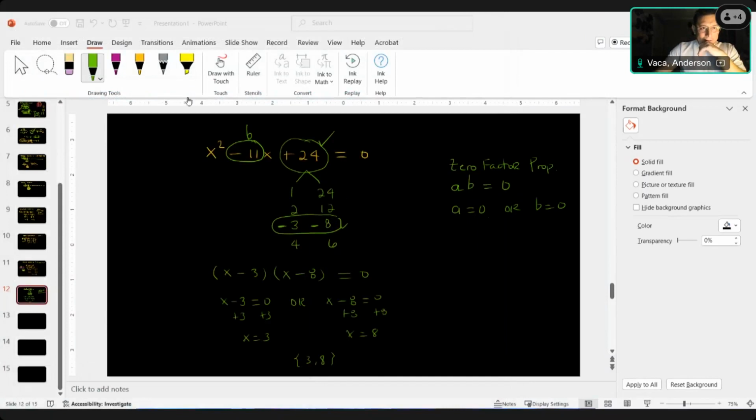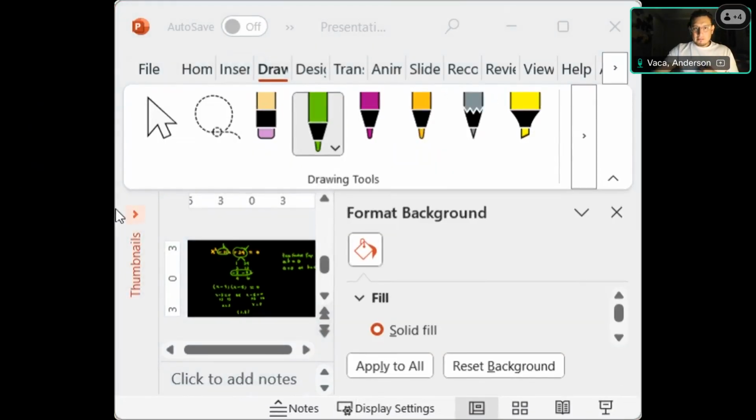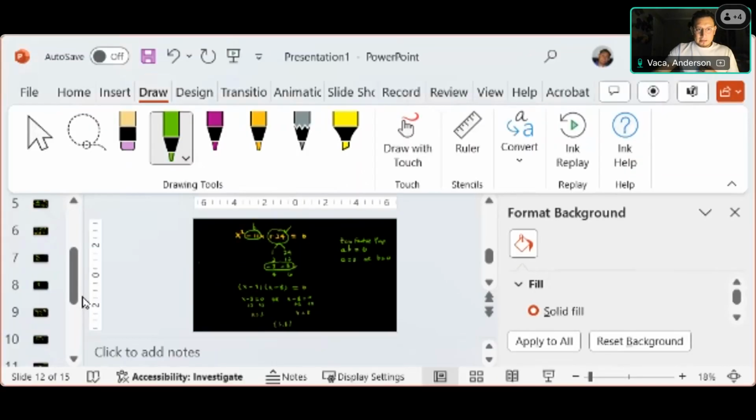Let's see. Okay, this one right here. All right, let me copy this down. I just need to be able to write it down, so give me 1 second.